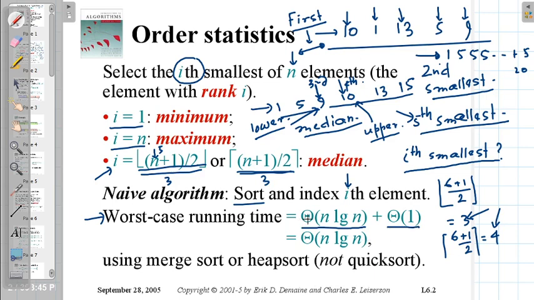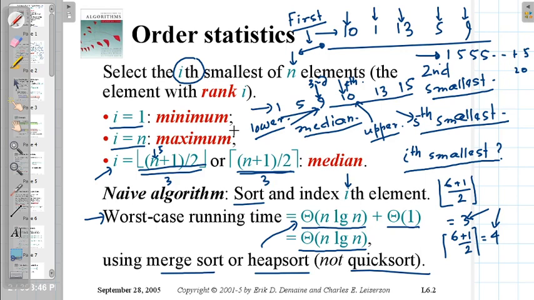So theta n log n plus theta 1 is theta n log n. Using merge sort or heap sort, not quick sort, we get theta n log n time.